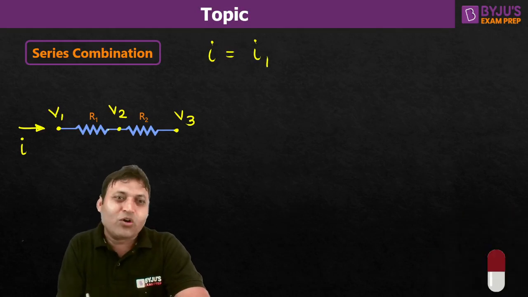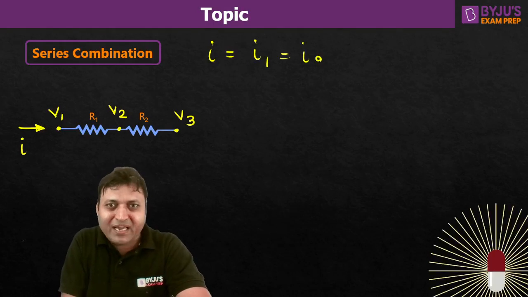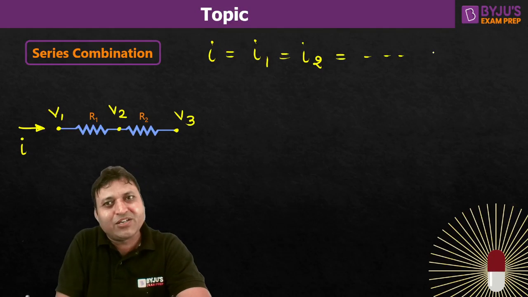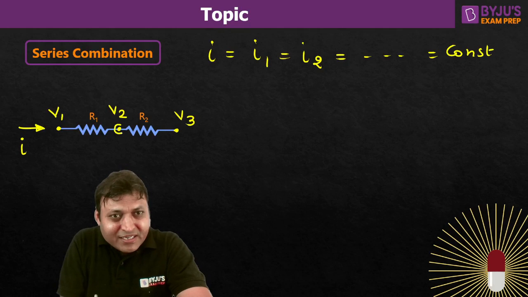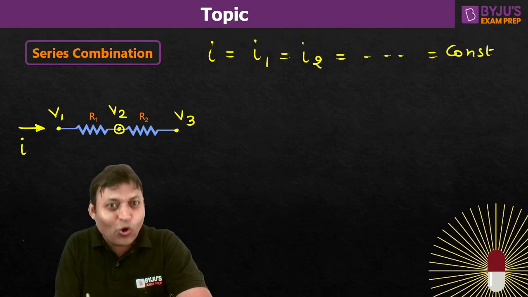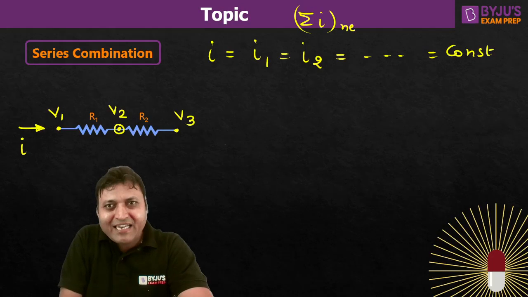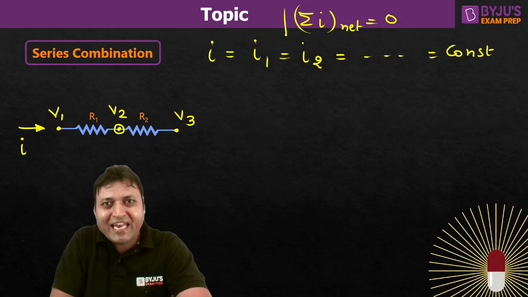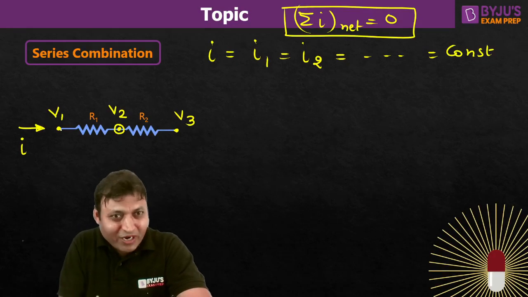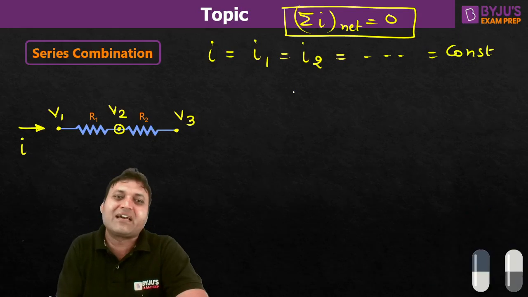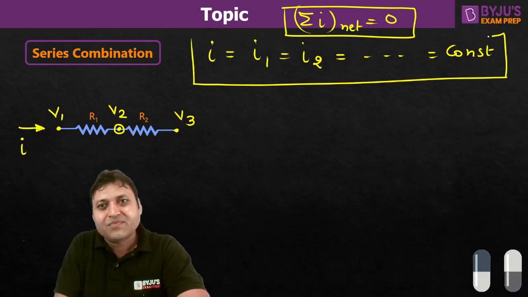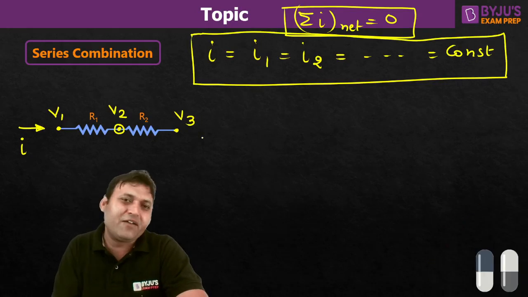The current flow across the first resistance is equal to the current flow across the second resistance, equal to a constant, because at any point the net flow must be 0. Sigma I net at any junction or at any point must be 0. So whatever current enters should be equal to the current leaving. This is the expression for current flow.